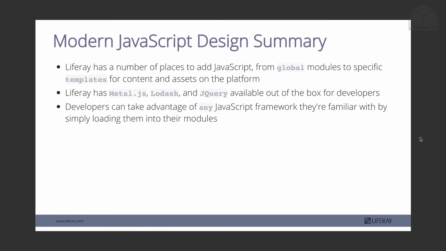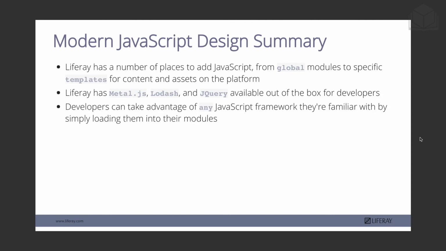To recap this section, we can add JavaScript through our global modules, as well as our templates and fragments. The frameworks we have out of the box available for us are Metal.js, Lodash, and jQuery.